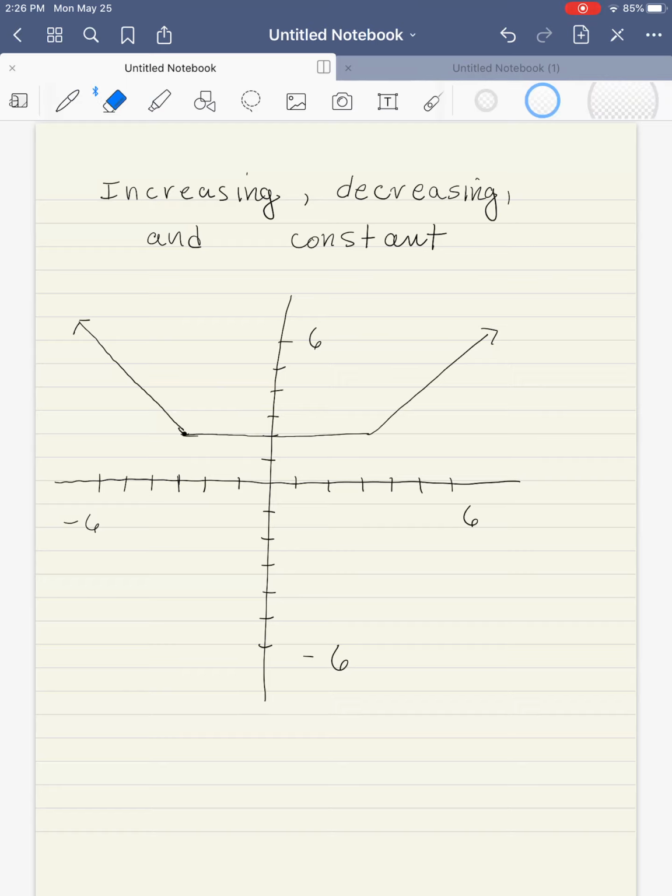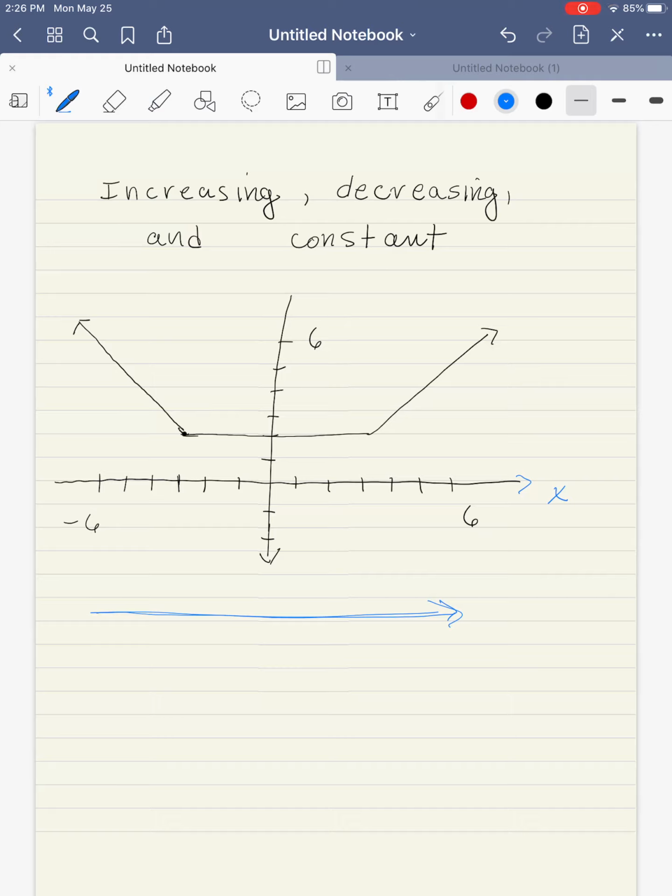So what we want to know here is, where is this graph increasing, decreasing, and constant? And when I use those terms, I'm always saying, where is y increasing as x moves from left to right? So we're always saying, as x is moving from left to right, what is y doing?